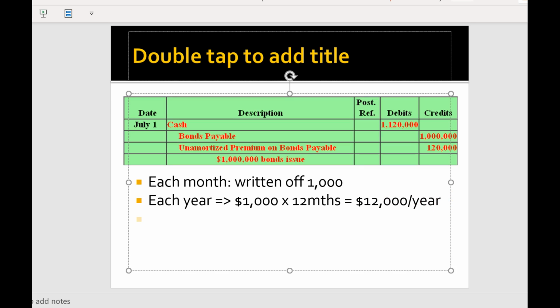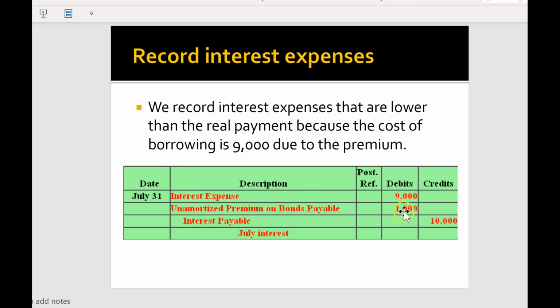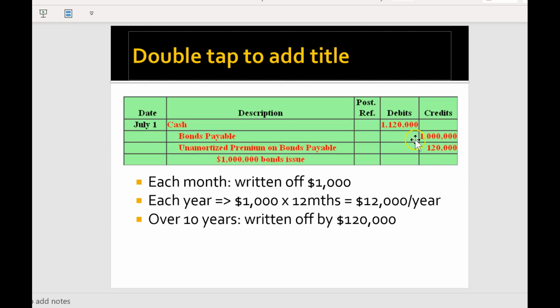And then over 10 years, we will write this off by $120,000. So over 10 years, I'm going to write the whole 120,000 off because every month I'm writing off 1,000 here. By 10 years, I'm basically written the whole 120,000 off.